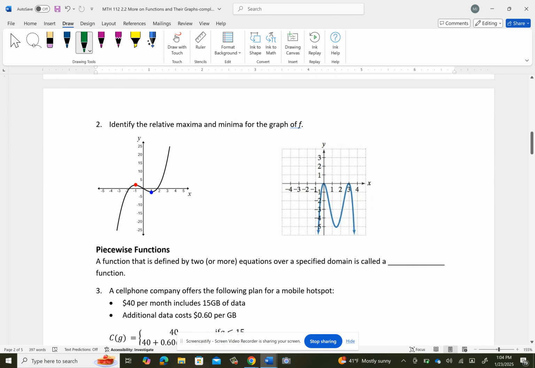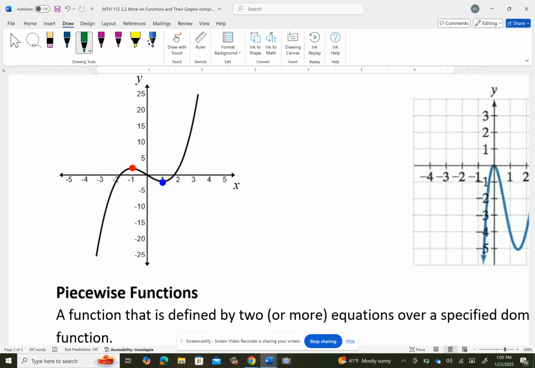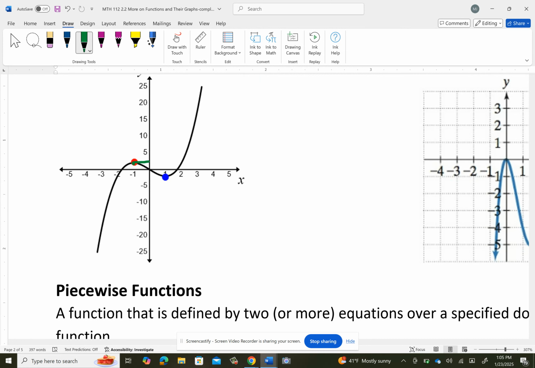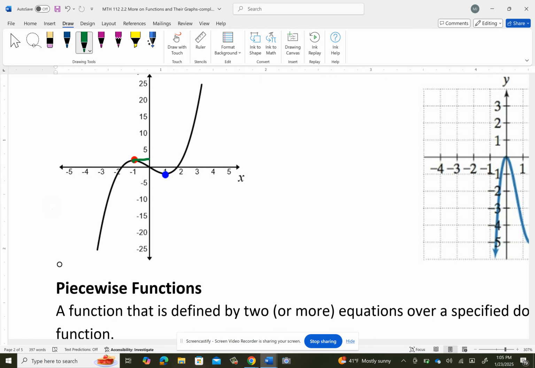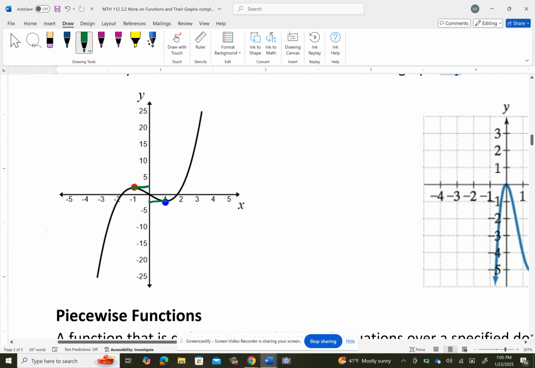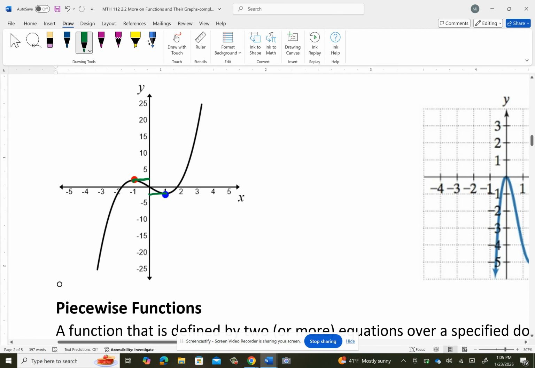All right, so this one's kind of hard to do because I didn't put all the grid marks on there. Can't really tell what I meant for that to be. It's kind of hard to see what I meant for that to be, whether I meant for that to be like 2, 2.5, or 3. So let's assume that this point right here is -1, 2.